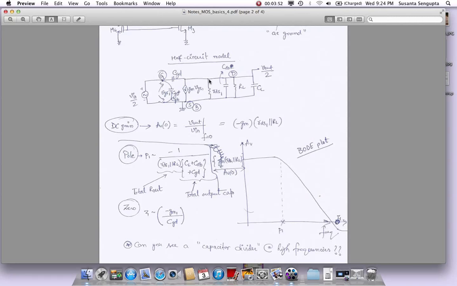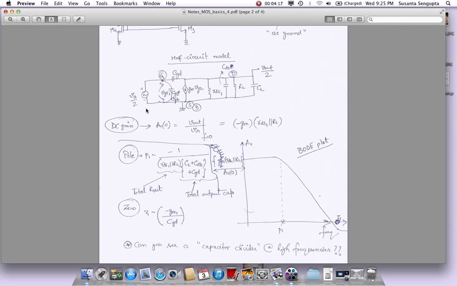If I find the total resistance, what is the total resistance? The total resistance is RDS1 and RL. These two are in parallel. That is the total resistance we find. Now what is the total capacitance at this point? We have CL, we have C drain to bulk, we also have CGD. Why? Because when you're looking at this node, you're assuming that there is no input.